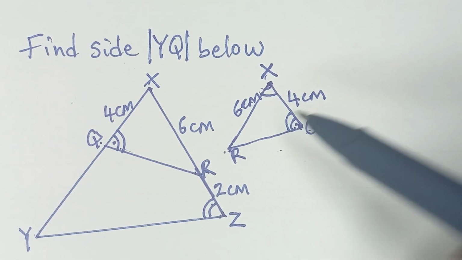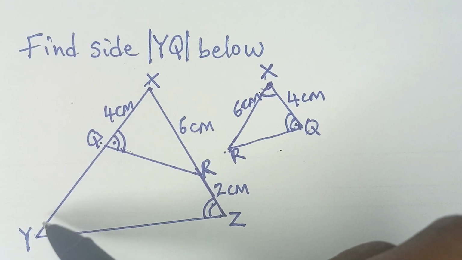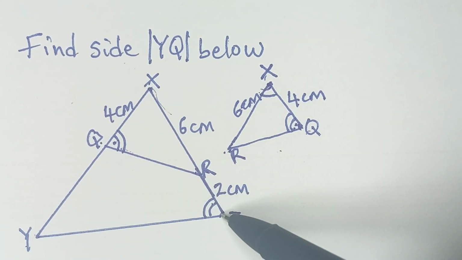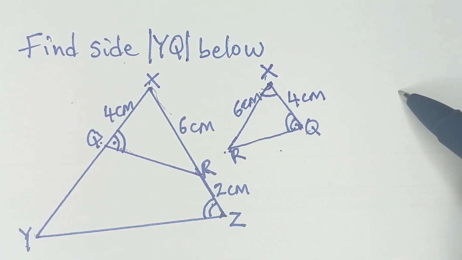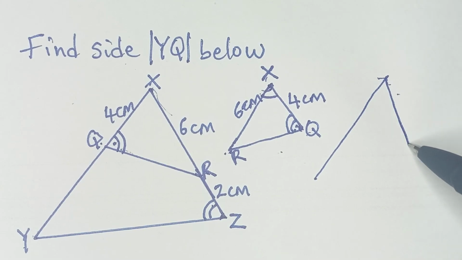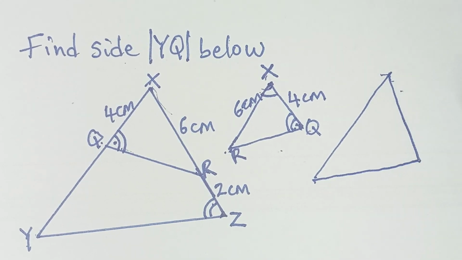Now that we are through with the smaller triangle, let us also redraw this large triangle as it is like this. Don't forget, this angle Z will remain on my right side. So if I draw the larger triangle, it will be something like this. So this is the larger triangle.